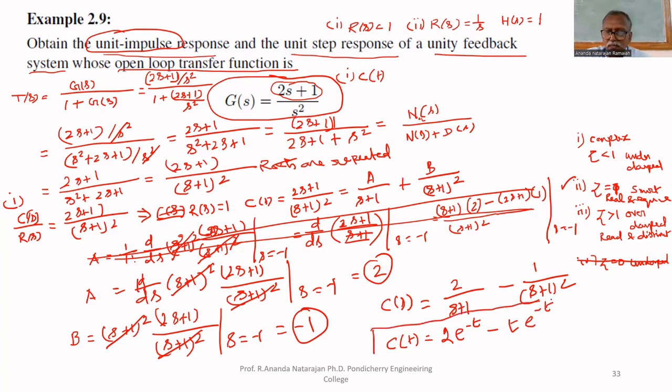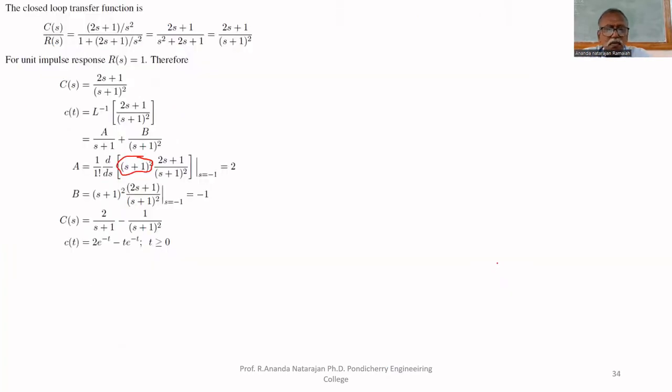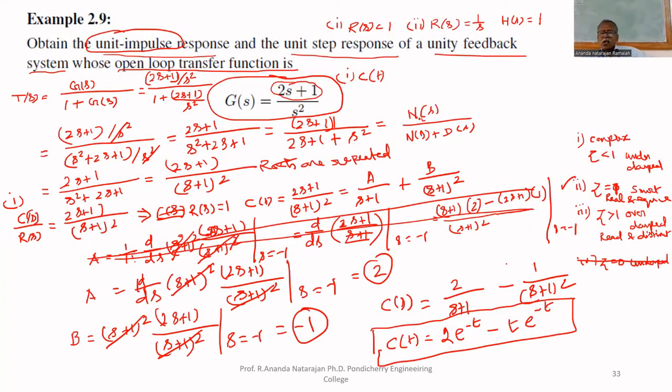This is the response. So we have to derive it, no other way, because we do not know the formula. This is for t greater than or equal to 0, because the response is from t greater than or equal to 0.